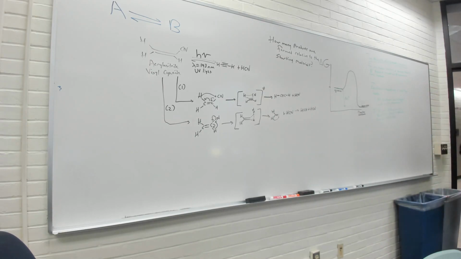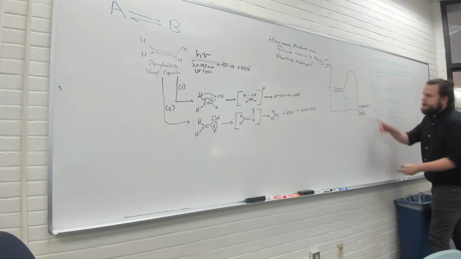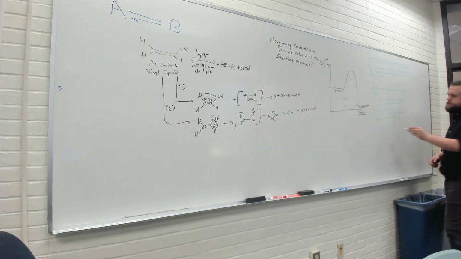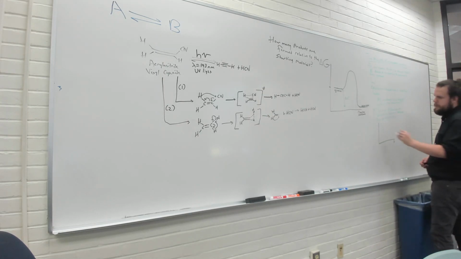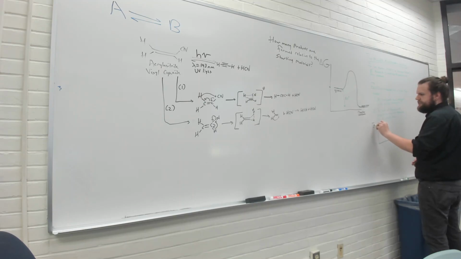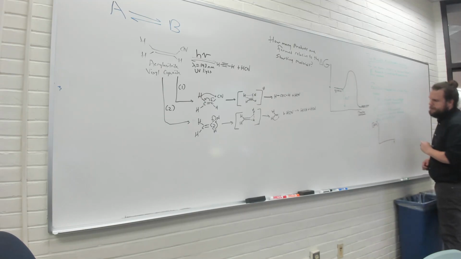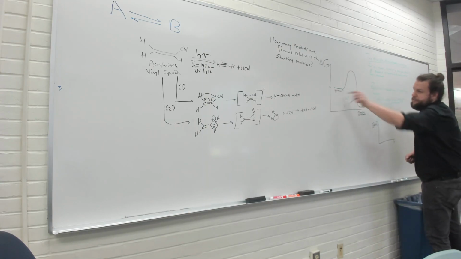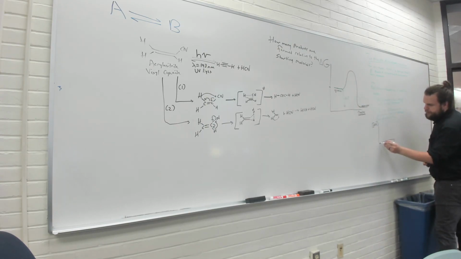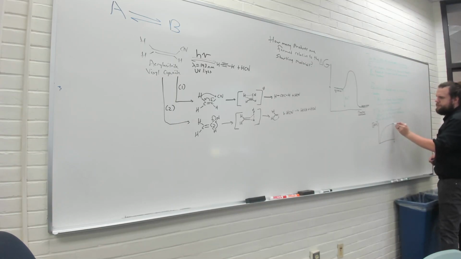So what I mean by that is if we were to monitor the products as a function of time, so we'll say the concentration of HCN, for instance, or the number of HCN molecules. At initial time, there are none, because we only have vinyl cyanide. And then as they start to react, you start forming HCN, and then eventually it'll start to level off.